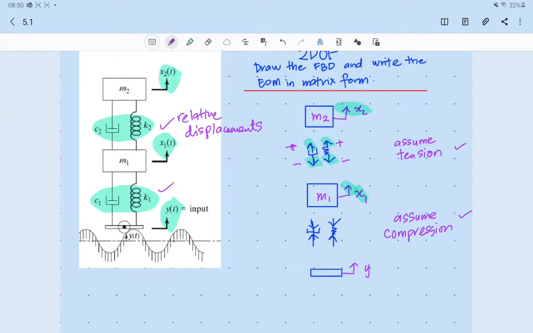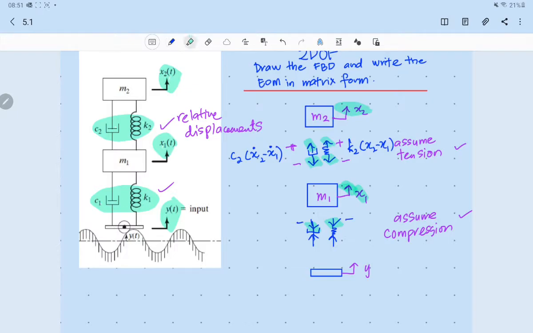Okay, and so we write K2 (x2 minus x1) and C2 (x dot 2 minus x dot 1). Then we take a look at C1 and K1. So for C1 and K1, the side of x1 is the opposite direction. If you look at the arrowhead, it's negative x1. So that side is negative x1.